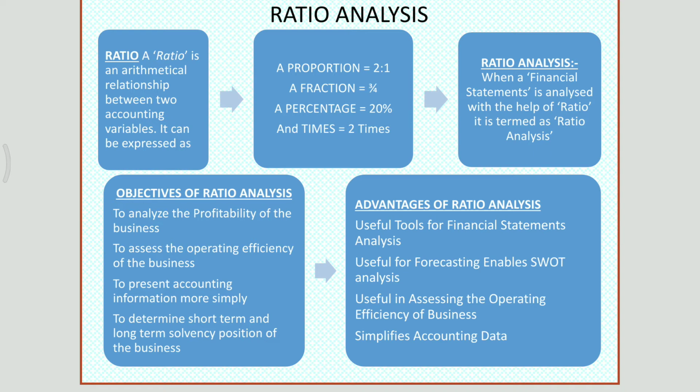How can you do that? Write down the number of accountancy books as a numerator divided by the total number of books. The solution may be in proportion. If you multiply it by 100, it will be a percentage. And if you simply divide it, you will get the times.